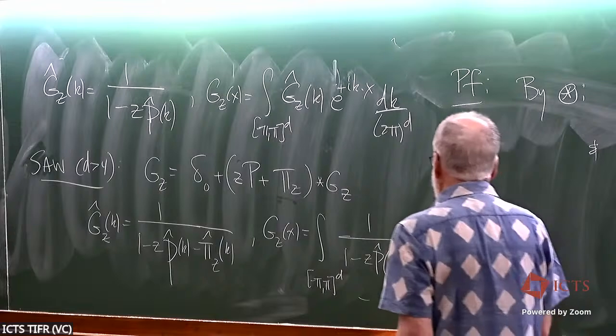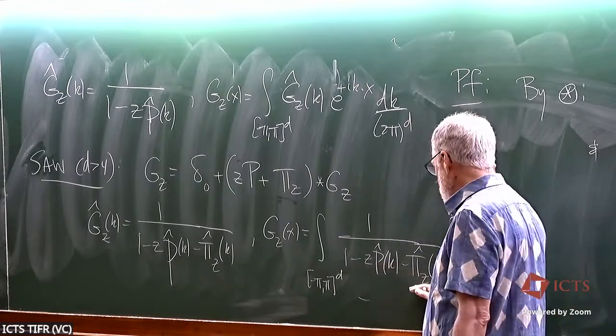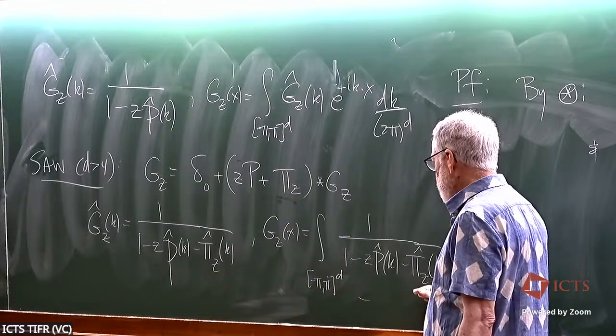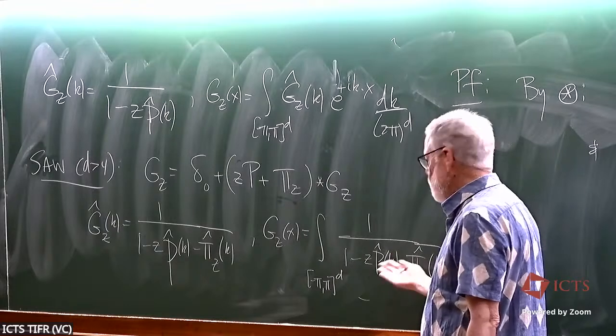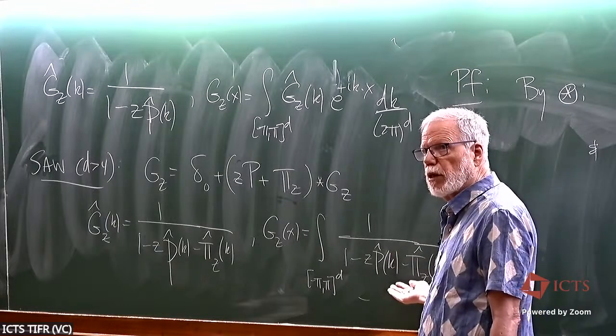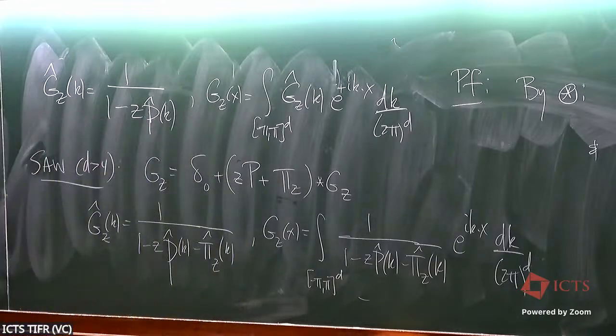So we know a lot about pi. We know everything about p hat. We know a lot about pi hat. And the idea is that we want to use our knowledge in order to do this integral, or at least compute the large X behavior of that integral. So that's what I want to do.